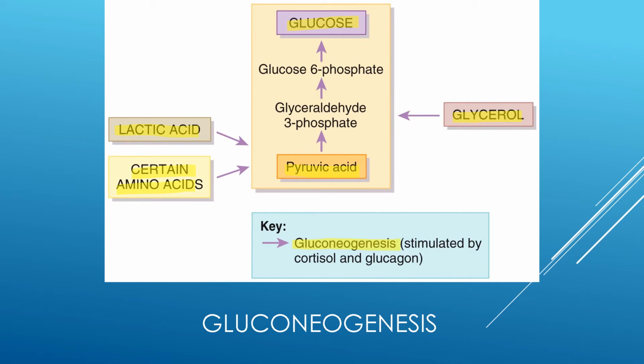Now, an easy way to distinguish this term, gluconeogenesis, from other terms like glycogenesis or glycogenolysis is to remember that in this case, glucose is not converted back from glycogen. Instead, it is newly formed. So this neo part of gluconeogenesis is like a new glucose. And so we get this new glucose from these other non-carbohydrate substances.